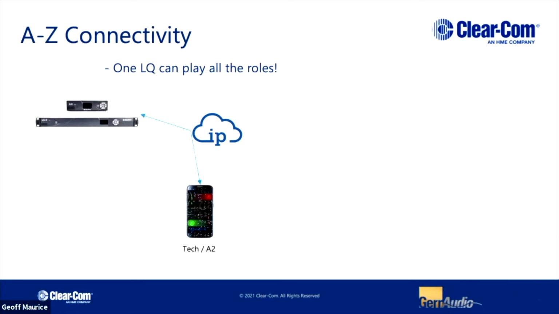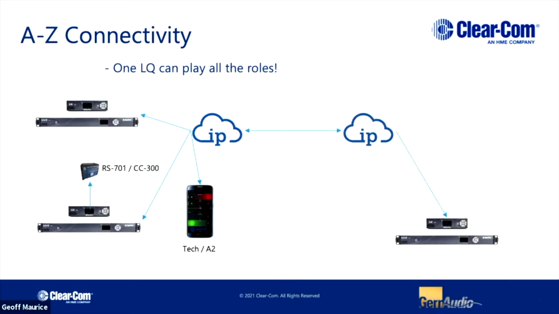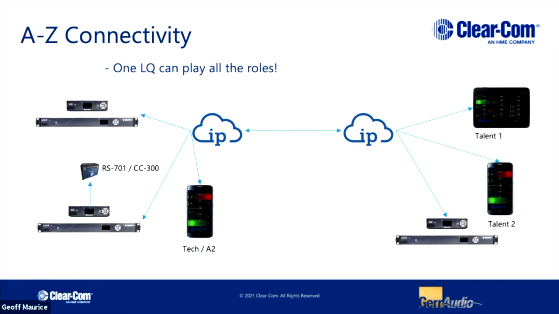And one of my most favorites is literally doing everything. So we can have LQ boxes linked together. We can have Agent IC tying into the LQ box. We can obviously add those wired positions in as well. We can add another site remotely out over the internet. That site then can host some Agent IC spaces.